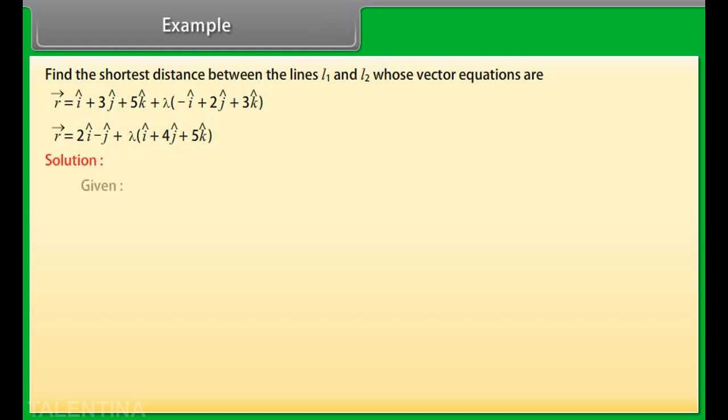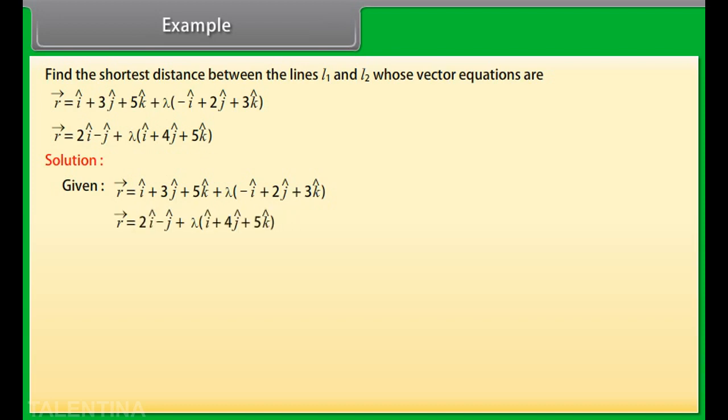Solution: given vector r equals cap i plus 3 cap j plus 5 cap k plus lambda into minus cap i plus 2 cap j plus 3 cap k, vector r equals 2 cap i minus cap j plus mu into cap i plus 4 cap j plus 5 cap k.